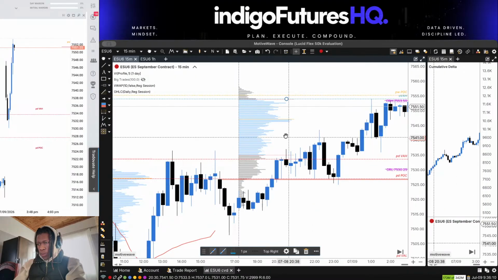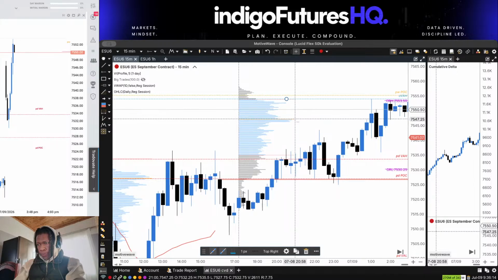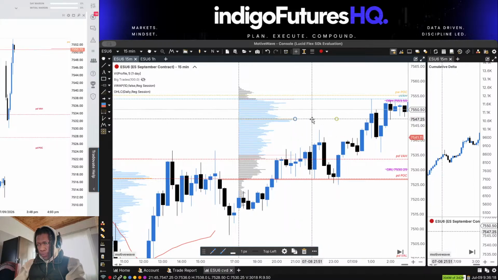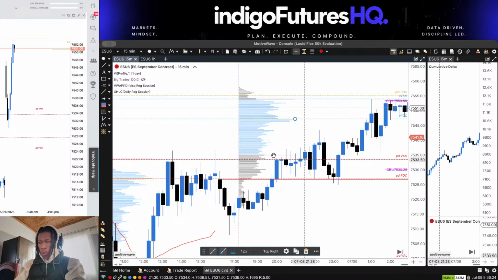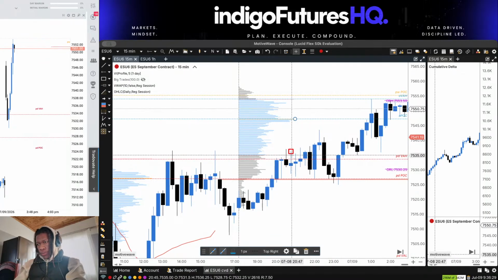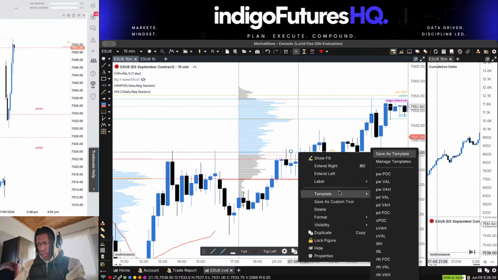Overnight value area high. Just need to get a read as to where we are and what we're doing from Globex. Are we inside Globex? Are we breaking above it? Are we not? That type of thing.